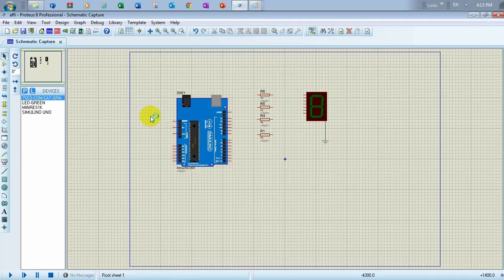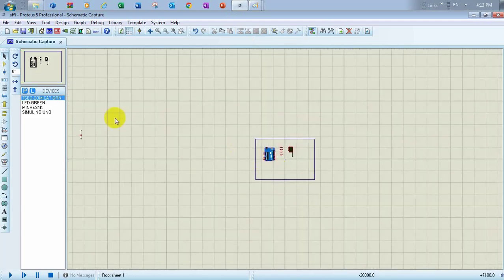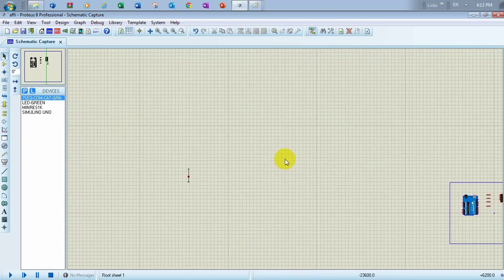So in this software we call this electronic component, the 7 segment, which we have already extracted from the library. So we click here.